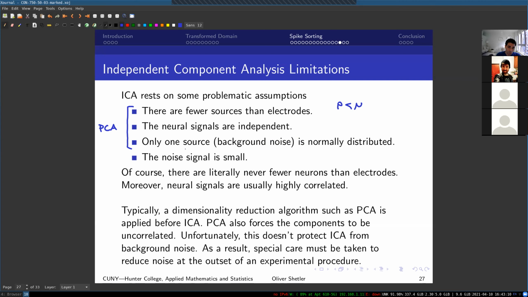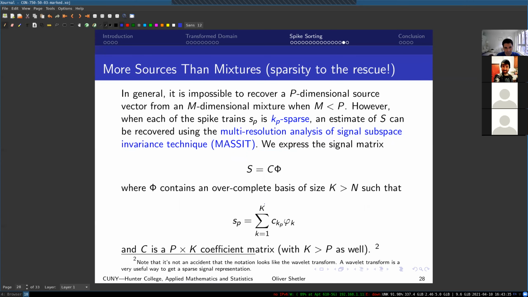However, the size of the noise is something that has to be addressed at the experimental level, right? So while we can resolve a lot of these issues with PCA, we would have to take special care to reduce the noise at the outset of an experimental procedure.